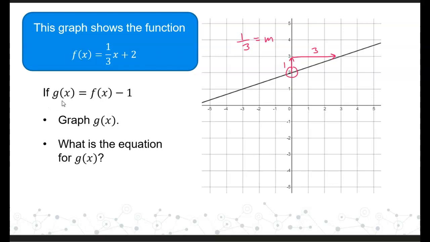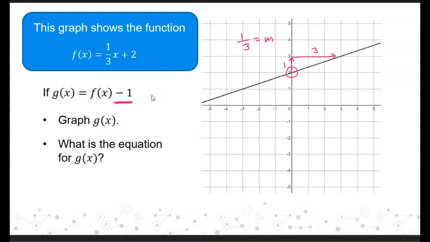On this problem, it says if g of x equals f of x minus 1, they want us to graph g of x, and then write the equation for g of x. Well, let's look at this really quick. F of x minus 1, what does minus 1 do to a graph? What would you expect that to do?